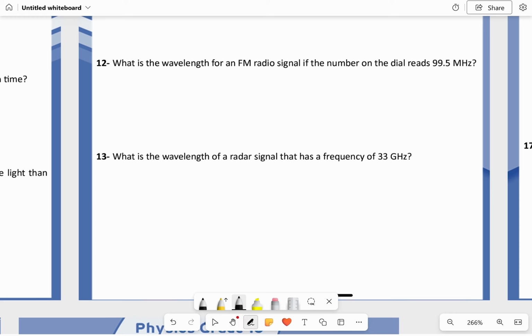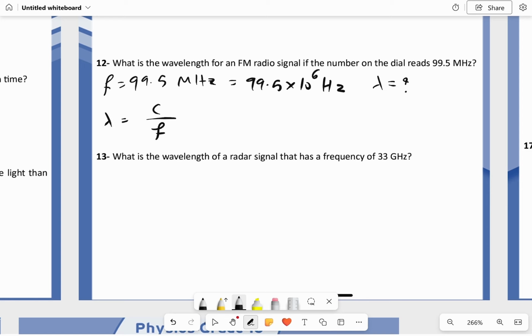What is the wavelength for an FM radio signal if the number on the dial reads 99.5? So we have frequency equal to 99.5 megahertz. Don't forget to change that to hertz. This is going to be 99.5 times 10 to the power of 6 hertz. This is the frequency. Find the wavelength. Wavelength is equal to C divided by frequency. 3 times 10 to the power of 8 divided by 99.5 times 10 to the power of 6.